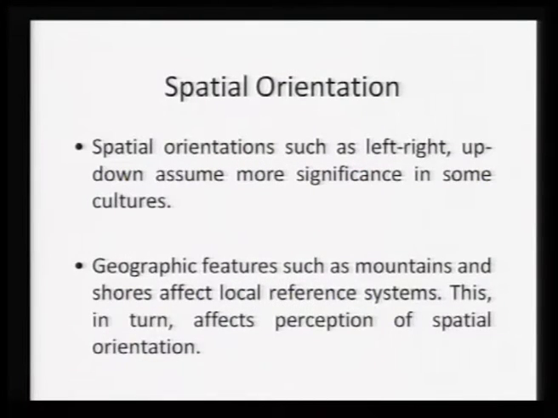Let us talk about spatial orientation now. Spatial orientation such as left, right, up, down assumes more significance in a few cultures. Geographic features such as mountains and shores affect the local reference system, and this in turn affects the perception of our spatial orientation.